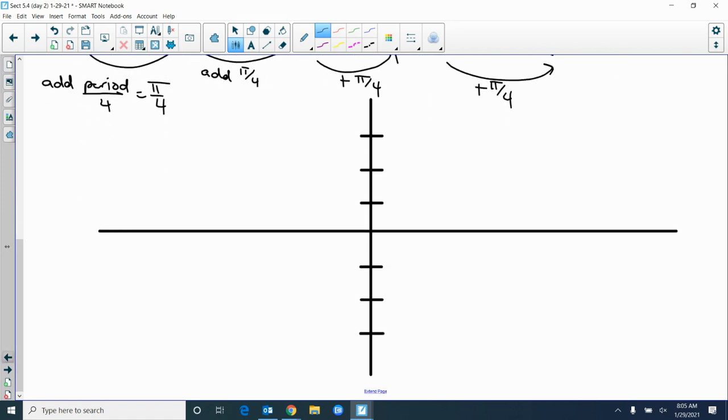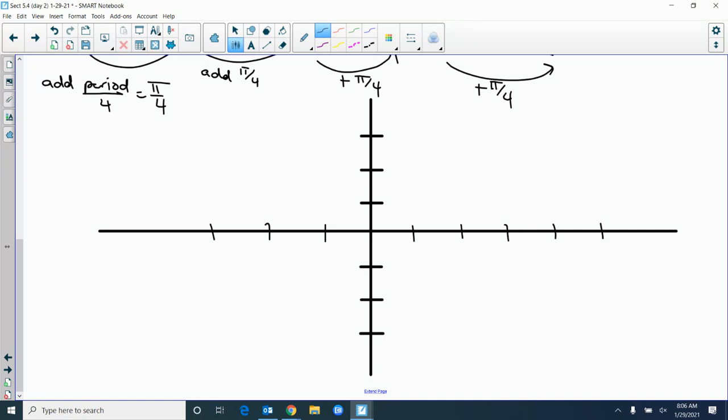Now, your grid is not labeled, and I purposely leave it unlabeled so that you can change the scale as needed. You don't have to use a scale of pi over 2. You can, but sometimes that's not the most convenient scale.